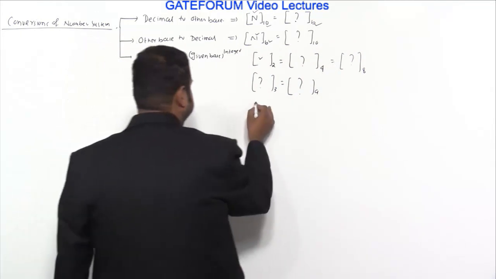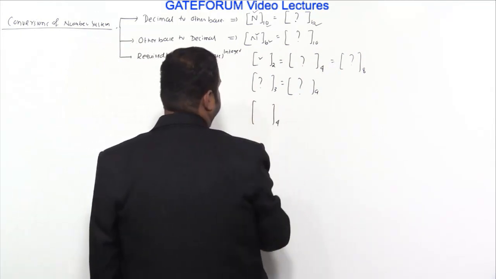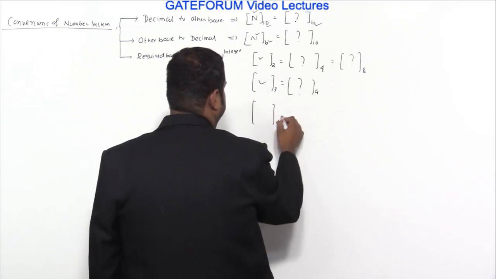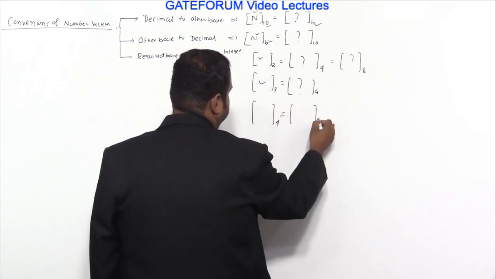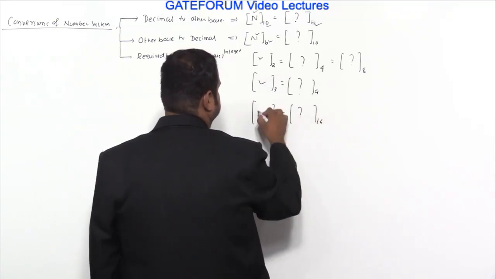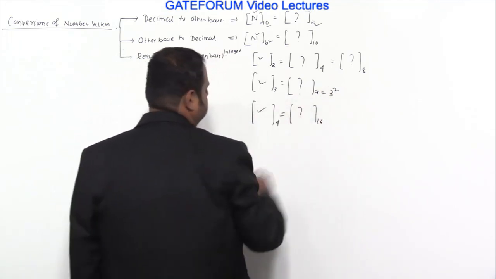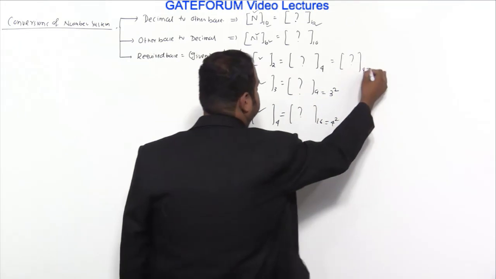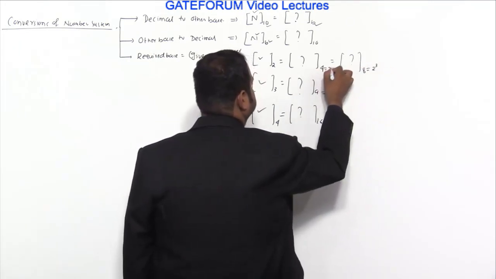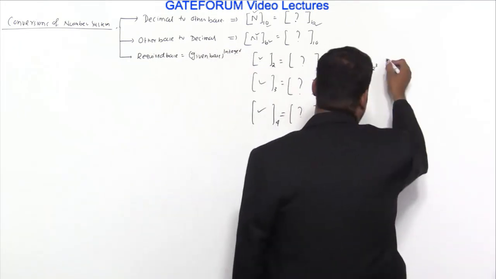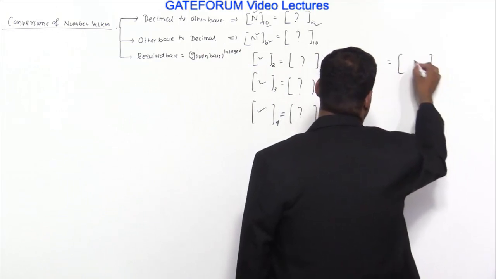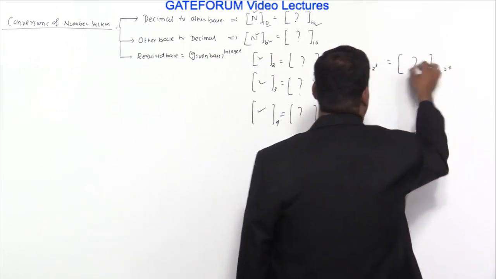Or I can have a situation where I have base 4, which is known to me, and somebody can ask me for base 16. So this 9 equals 3 square, this 16 equals 4 square, this 8 equals 2 cube, this 4 equals 2 square, or in fact I can even go up to 16, which is 2 raised to power 4.